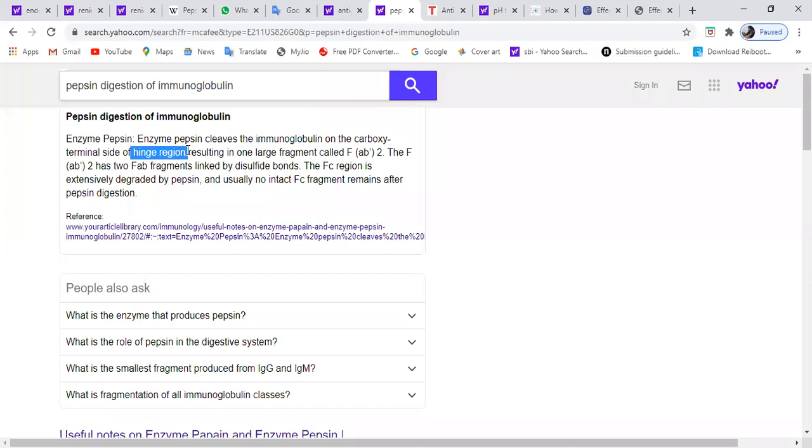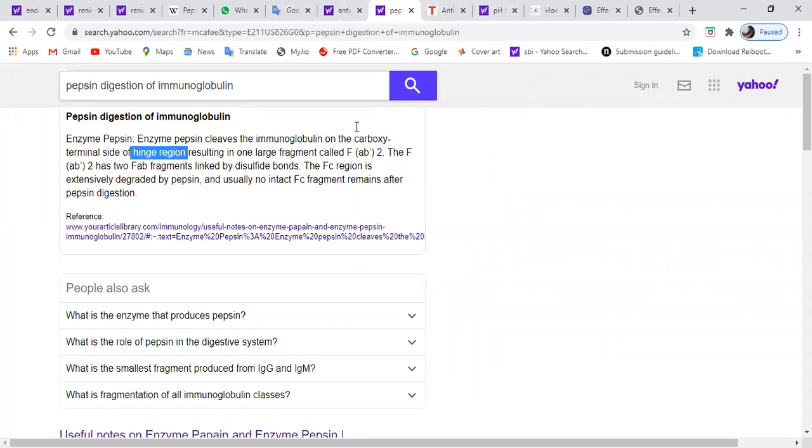You know the Hinge region is a part of the antibody where it is attached via two disulfide bridges. These two disulfide bonds remain as such, and the remaining portion below this antibody is another part that is called the Fc fragment.